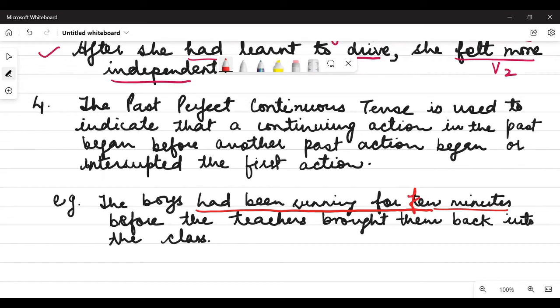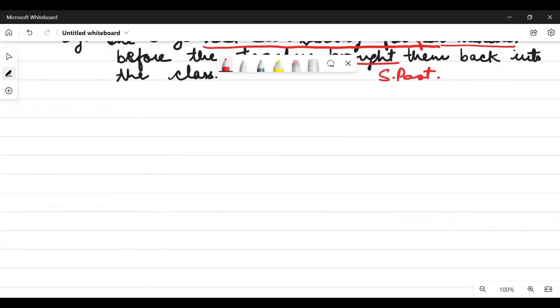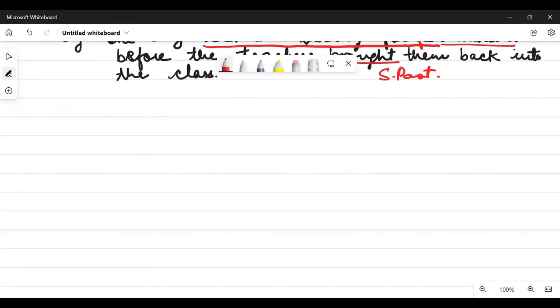So they had been running around, and then the teacher brought them back. This is another action, but here we have used simple past because it is another action which is linked with the ongoing action, and both are happening in the past. I hope you understand.